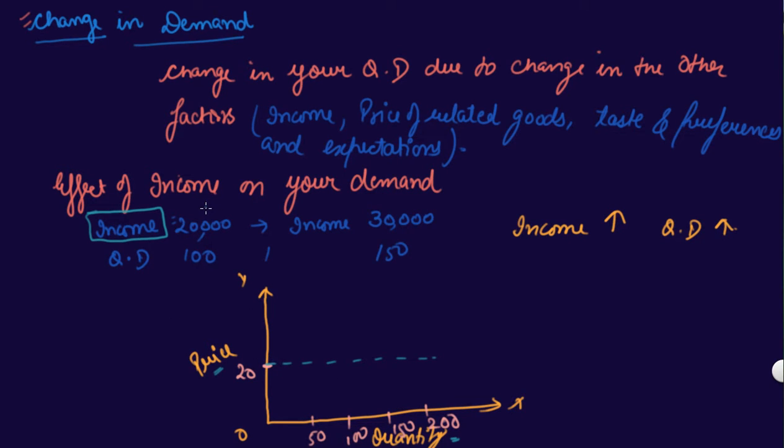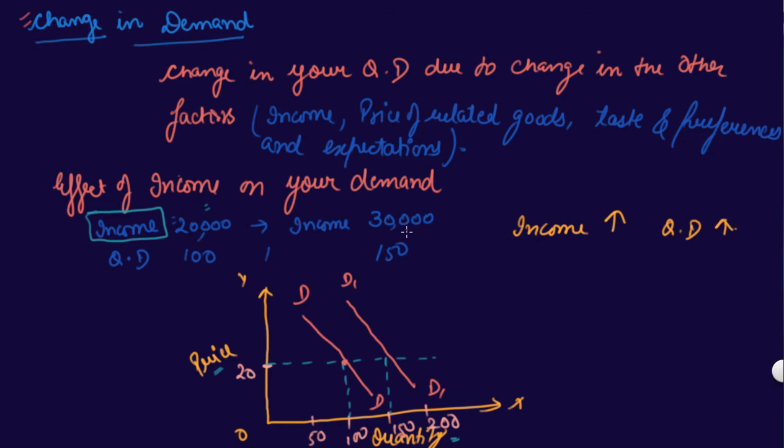So at 20,000 of income you were demanding 100 units. At 30,000 of your income, you're demanding 150 units. So this was your initial demand curve, your A point when your income was 20,000, and this is your next demand curve. Let's label it as D1, D1, right?